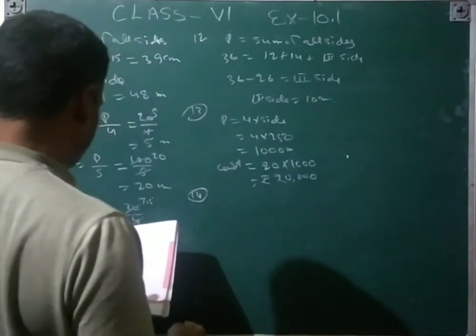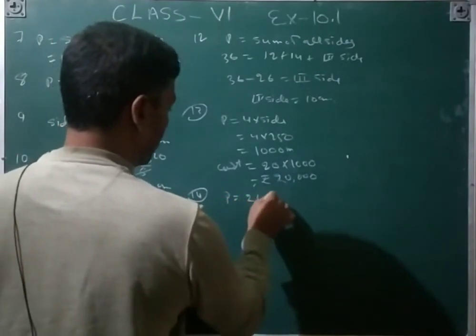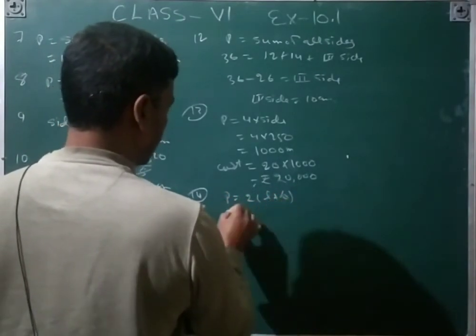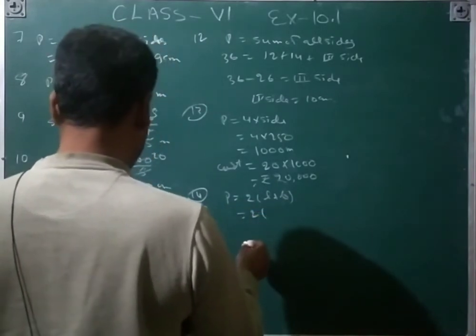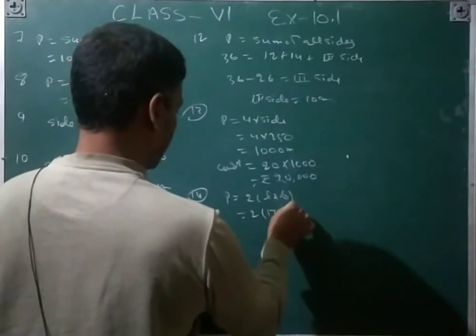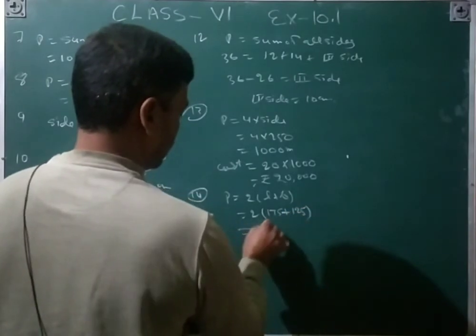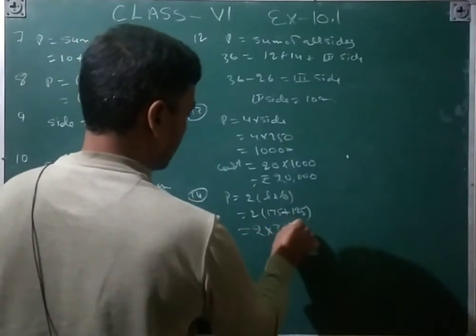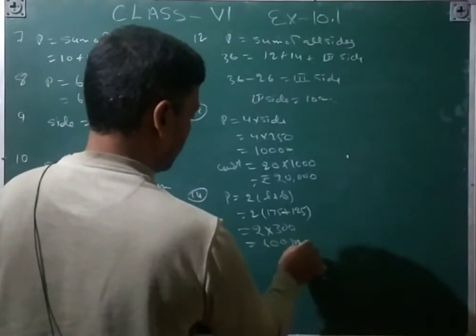14th question is: find the cost of fencing a rectangular park, length and breadth given. So again perimeter is equal to 2 bracket L plus B. That will be 2 bracket 175 meter plus 125 meter. So 2 into 300 is equal to 600 meter.